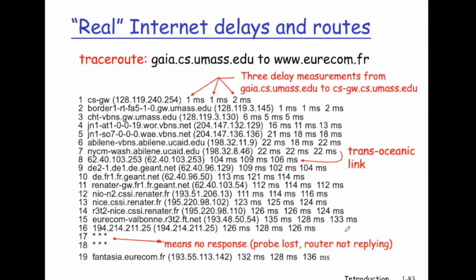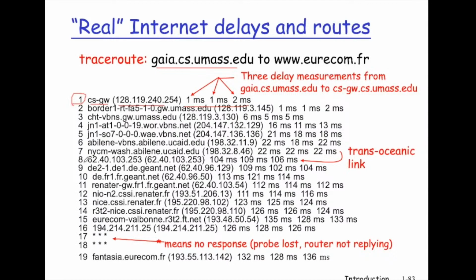This is an example. Traceroute from gaia.cs.umass.edu to Eurecom, France. So this is saying the first hop router's name is cs-gw at IP address 128.something.something.something. And there are 3 round-trip time estimations, 1 and 2 milliseconds respectively.